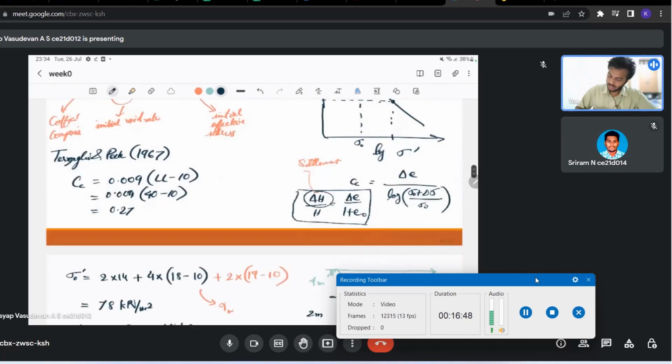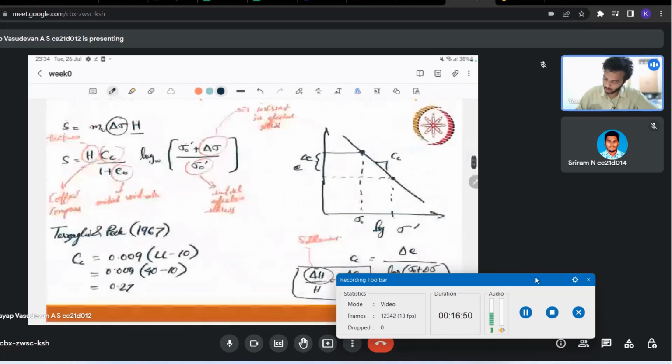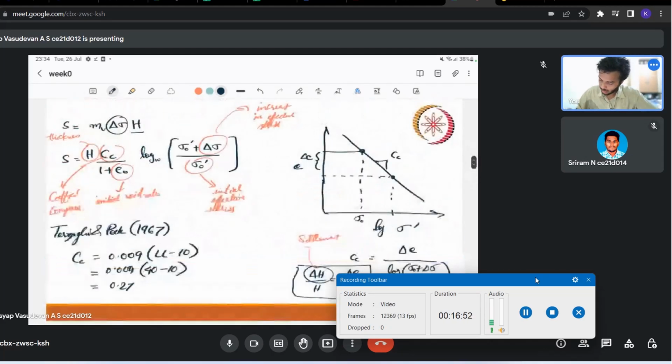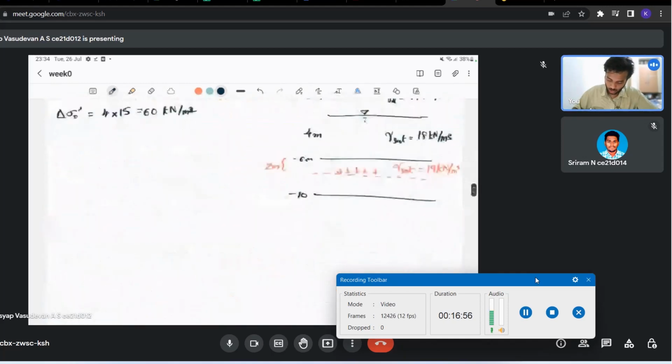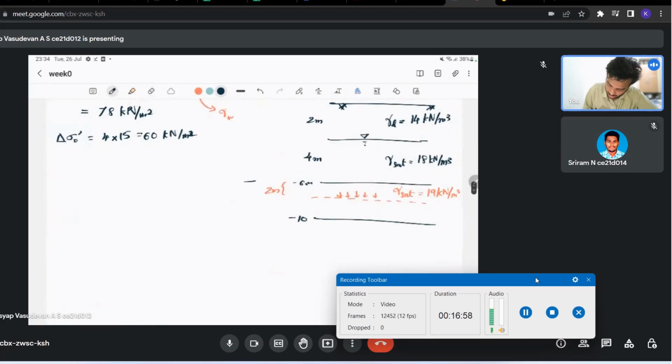Now I think we have all the terms required, and the void ratio is already given, and the depth of the layer that we are interested in, that is H, is 4 meter.